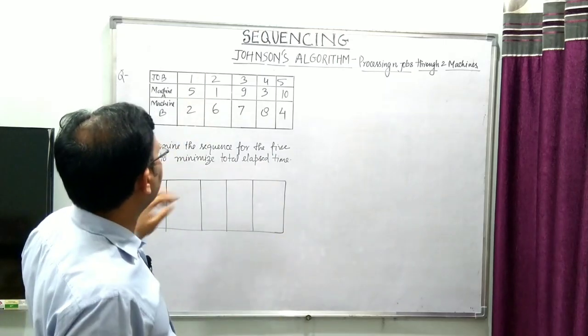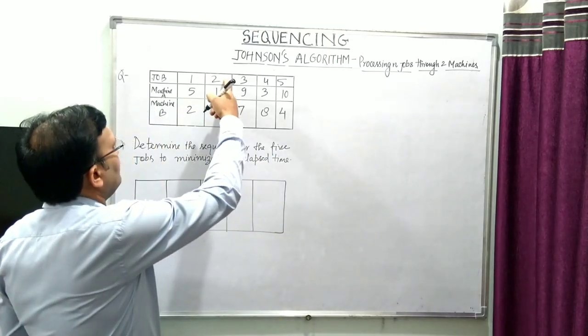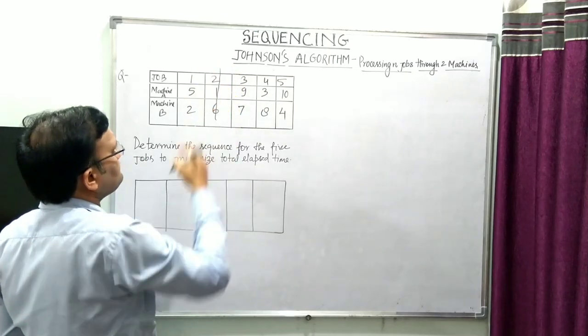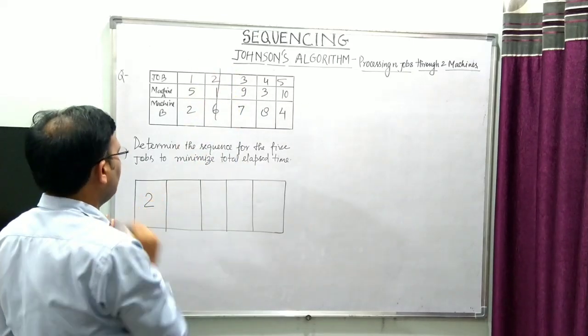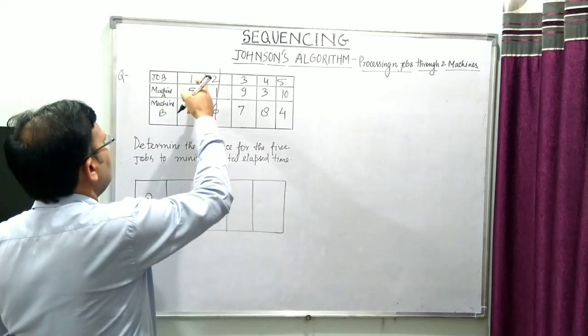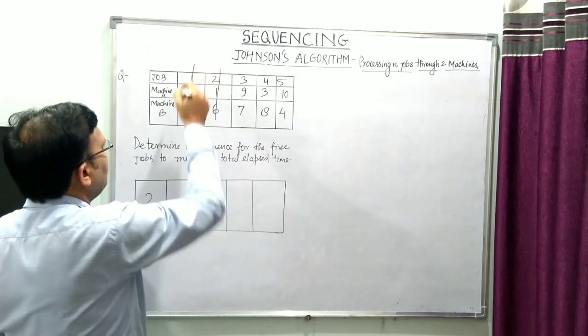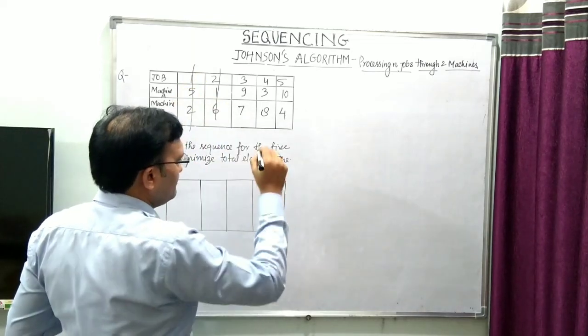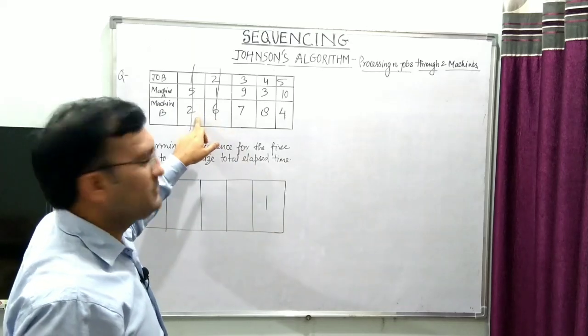So just look at the table. We see that for job 2 at machine A it is the minimum time, so job 2 we are going to assign over here. Now further we are going to see that at machine B for job 1 it is the minimum time, so job 1 we shall be allocating over here because it is for B, right?